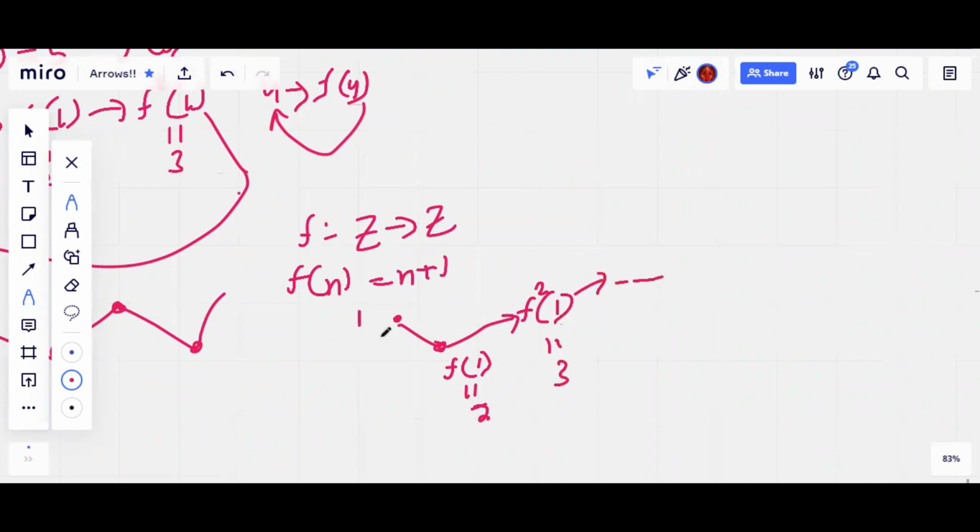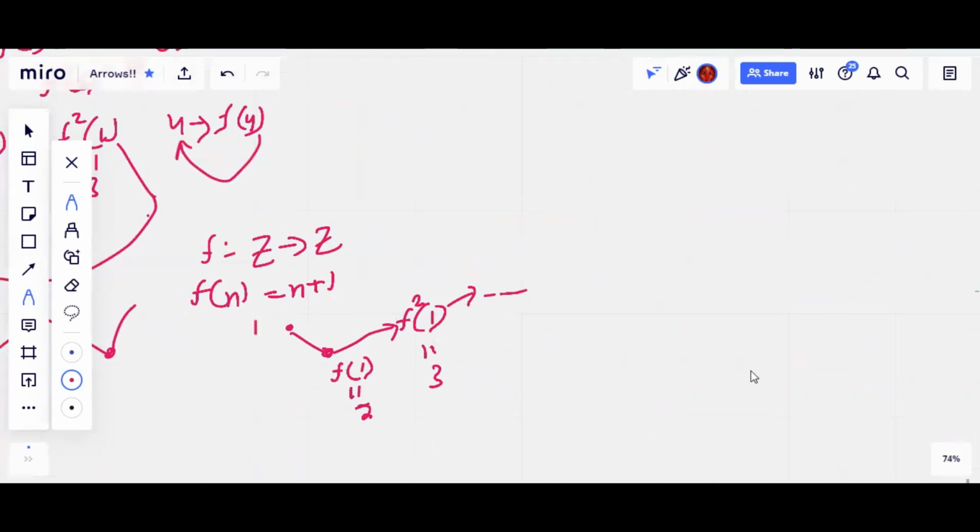It never returns to 1, which means this is a chain, an infinitely long chain, because the set of integers is not finite. So this is the basic idea revolving around arrows.